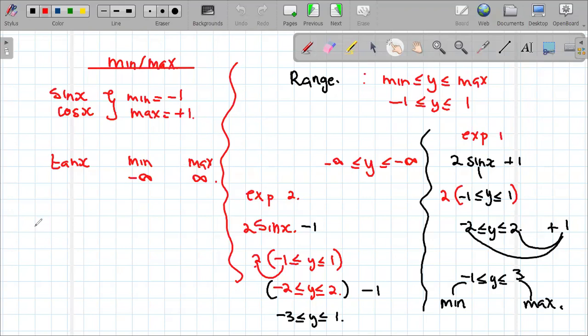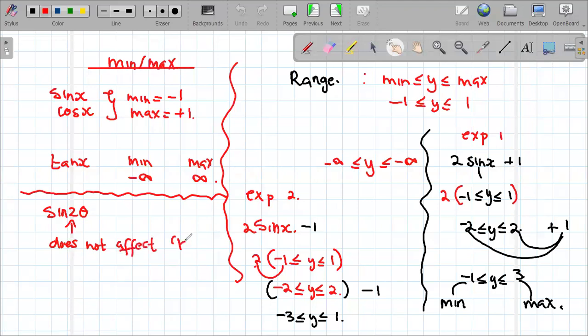But here is the skill and here is the idea. If you are having something like sine 2 theta, this 2 doesn't affect anything. It does not affect the minimum and maximum because it is the ratio of the period. It is the effect of k.